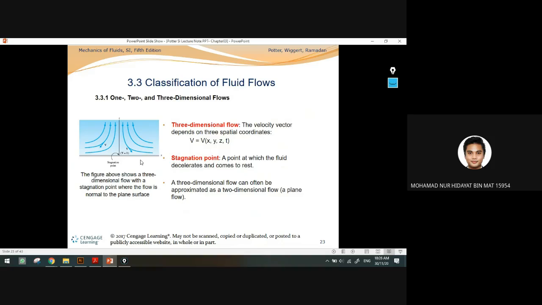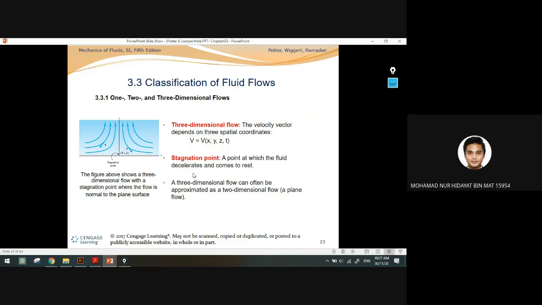The stagnation point is very important in the engineering field because some measuring meters, for example the pitot meter, the pressure gauge meter, use the concept of stagnation point to calculate the value of pressure. So that's why the stagnation point is introduced in this chapter.